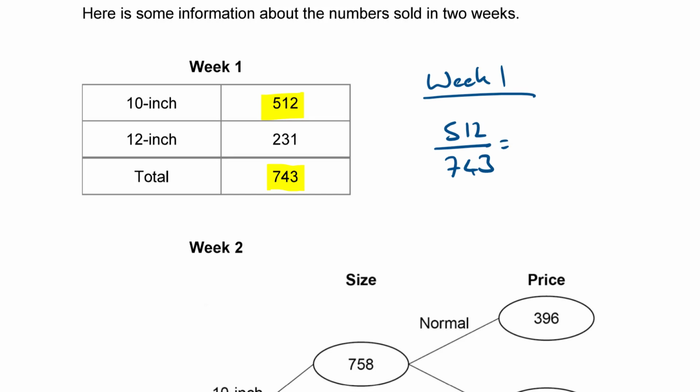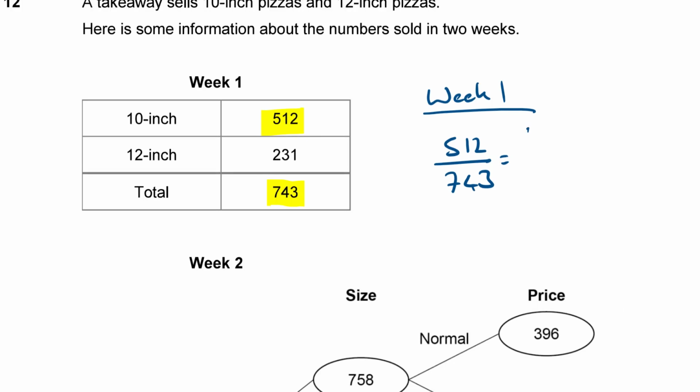We tap that into the calculator. I'm going to write that down as a decimal so it's easy to compare with the other one: 0.689. So that is the proportion that was 10-inch in week 1.